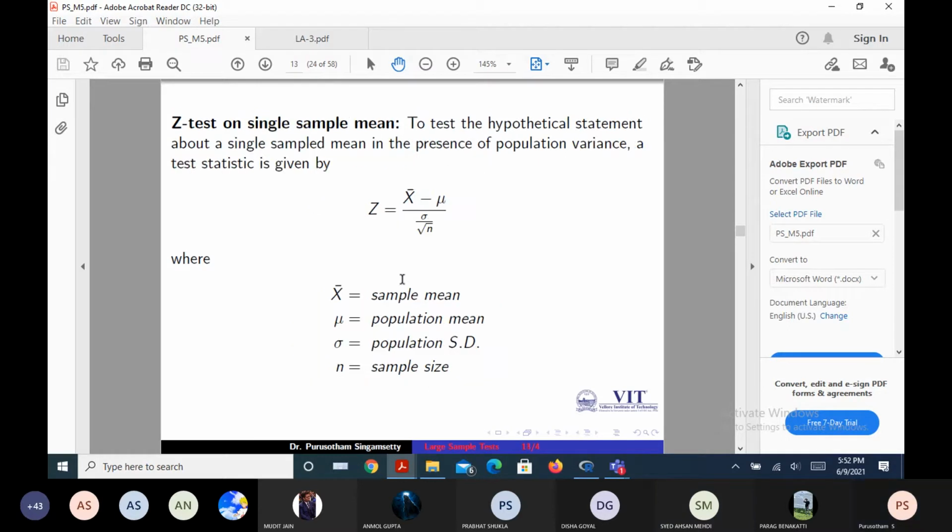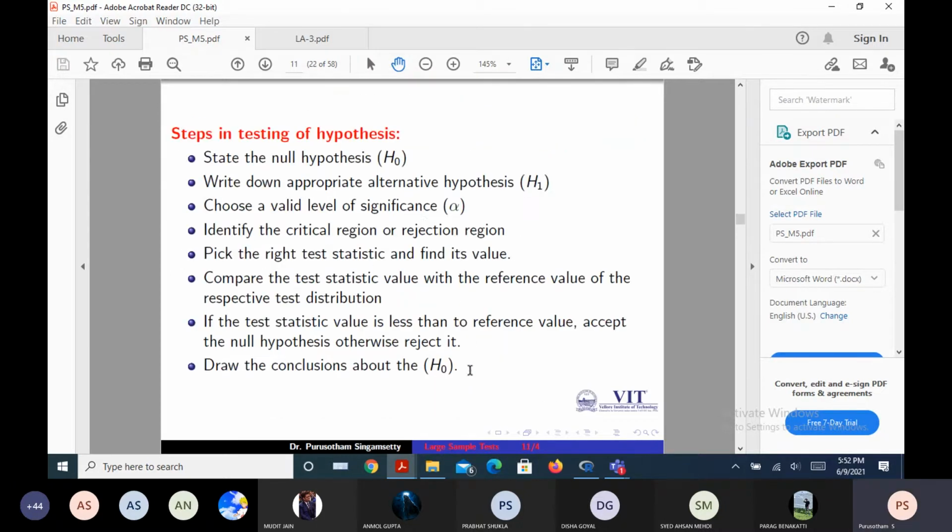Now here, single sample mean, right? What is the test statistic that we need to use? Single sample: X bar minus mu by sigma by under root n, right? But I gave you earlier certain steps involved in the testing of hypothesis.